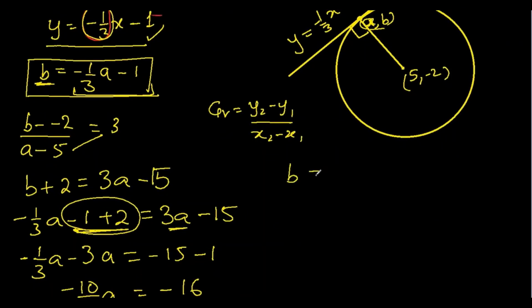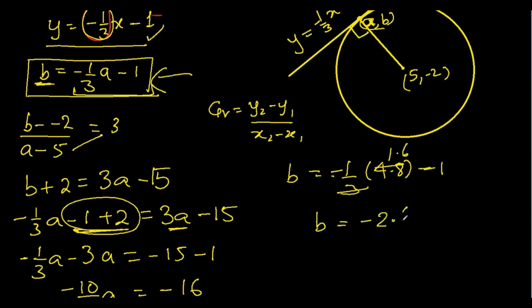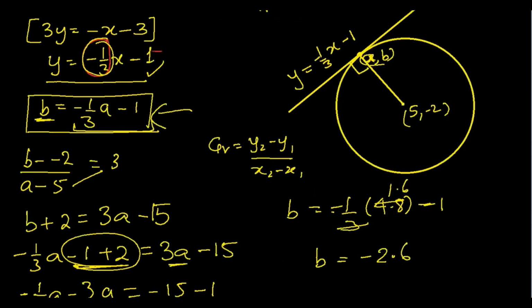So let's find b now. b equal to -1/3, I'm using this equation again, a we just got 4.8, minus 1. So the 3 will cancel out, 1.6. b equal to -1.6 and -1 will be -2.6.